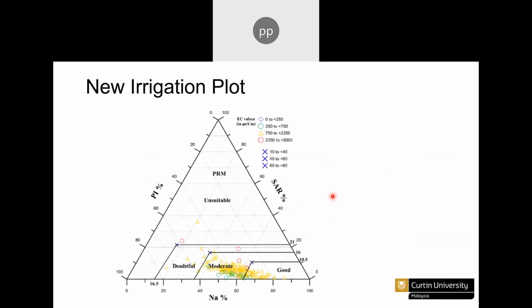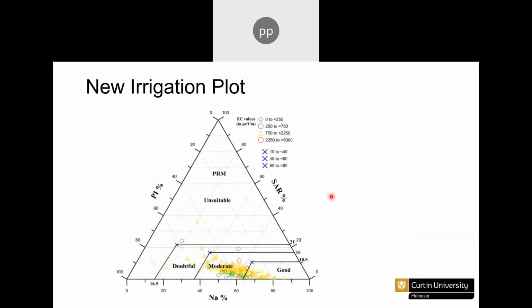How it works: the main motivation is that the researchers wanted to come up with a comprehensive plot for irrigation quality, because there are so many indices and every index gives a different observation. So the researchers wanted to give a comprehensive plot that gives you the overall condition of the irrigation water quality.